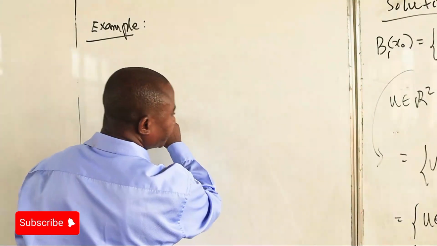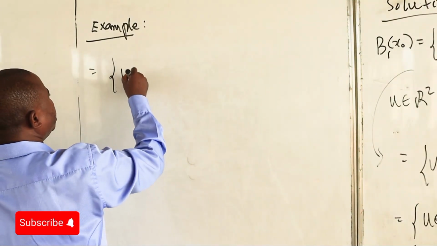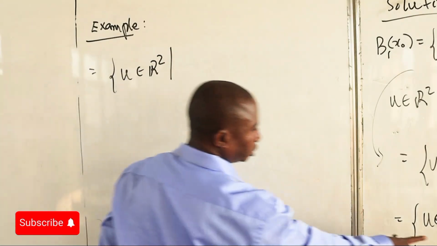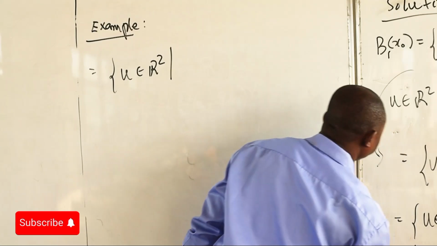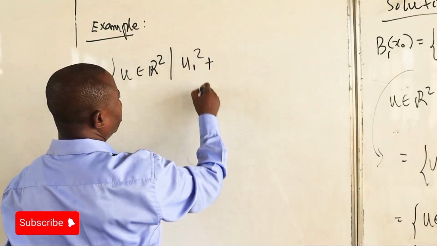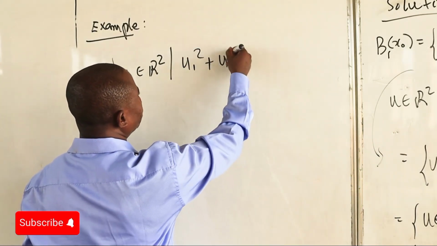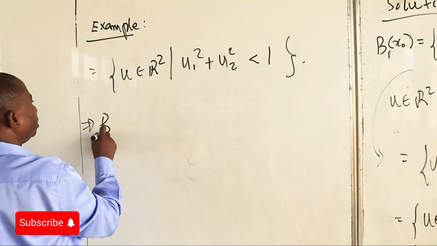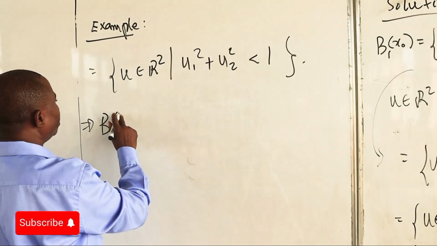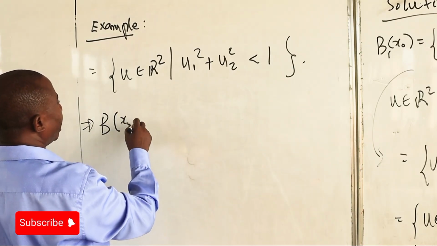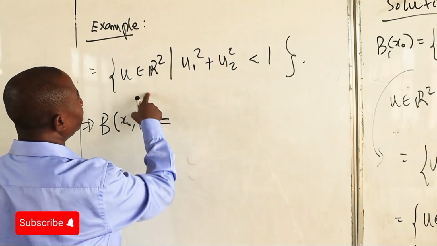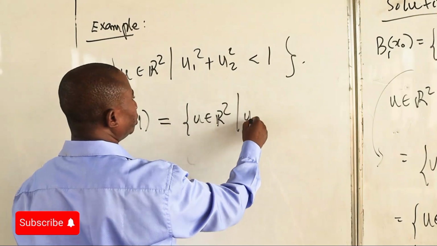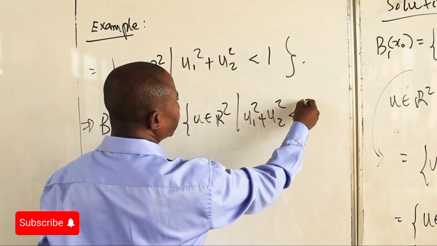This is the same as all u in R2 such that, look, absolute value of u1 squared is the same thing as u1 squared, and the other one is also the same as u2 squared, strictly smaller than 1. So this means that the ball with center (0, 0), which is what I call x naught, and radius 1, is precisely this set: u in R2 such that u1 squared plus u2 squared is less than 1.